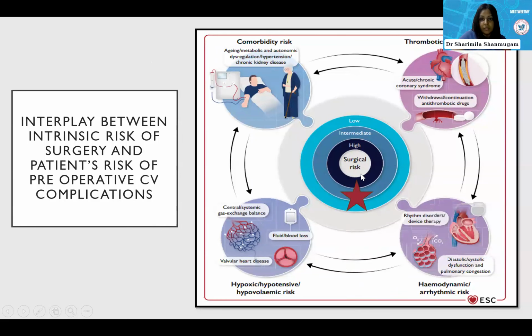Here highlighted, the surgical risk can be categorized into low risk, intermediate risk, and high risk. Later I will show you the diagram depicting which surgical procedures are categorized into low, intermediate, and high risk. At the same time, the patient's risk, comorbidity, is very important.